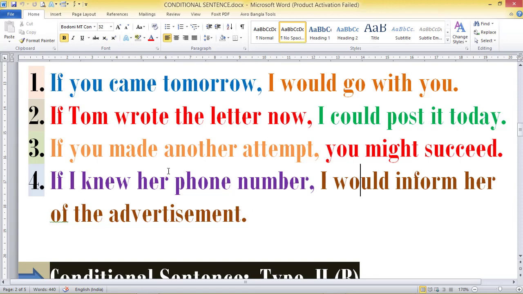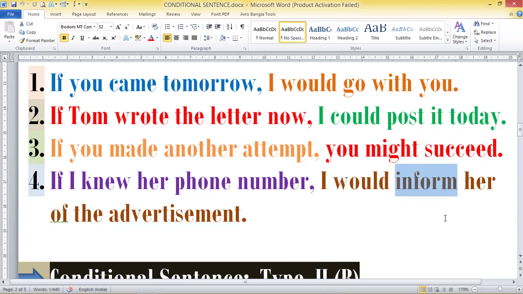Now let's go to the fourth sentence. The fourth sentence is, if I knew her phone number, I would inform her of the advertisement. In this sentence, if you observe, you'll be able to know that in the if clause, past indefinite has been used, that is unreal past, and in the main clause after the subject you can use would, should, could plus present infinitive, that is the first form of the verb.